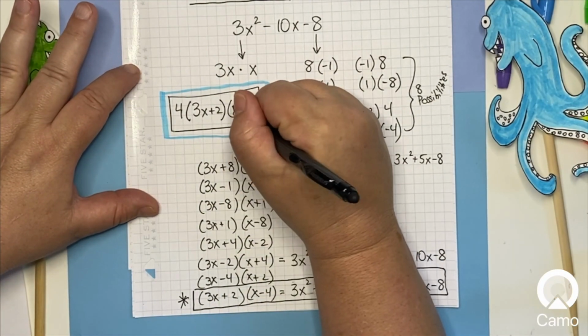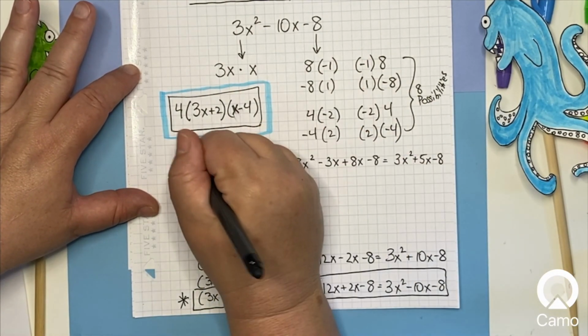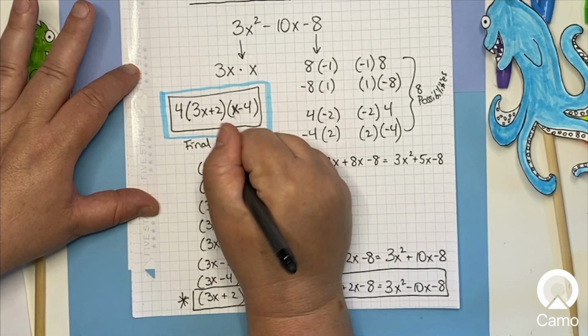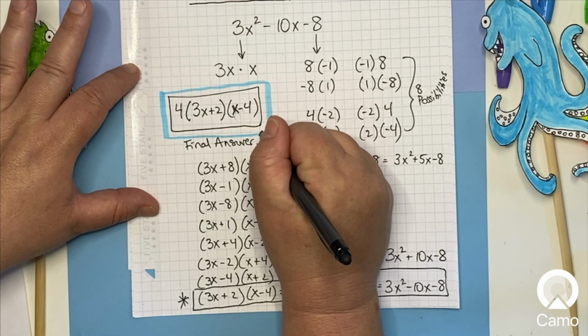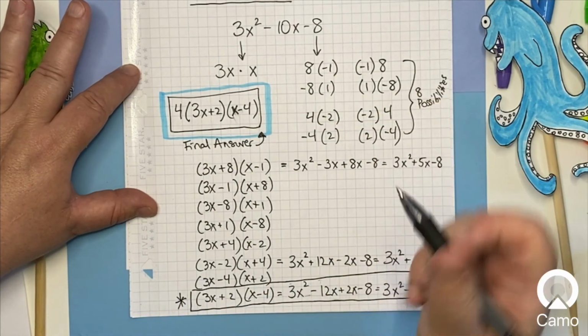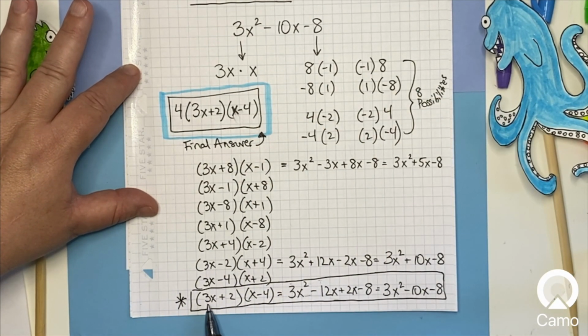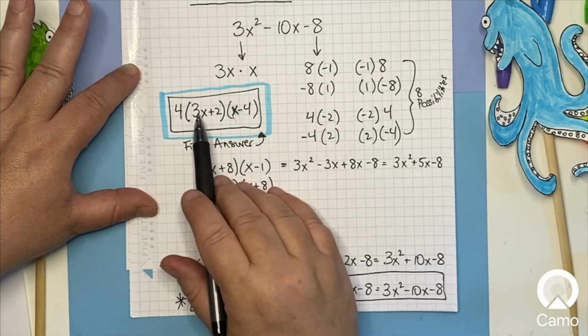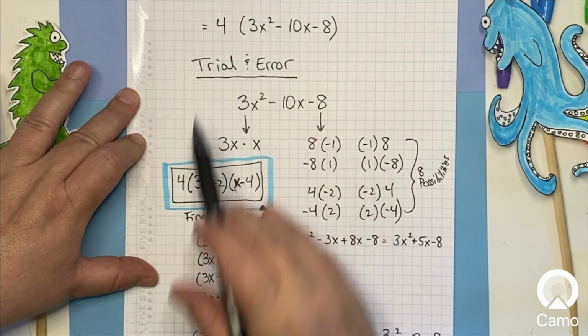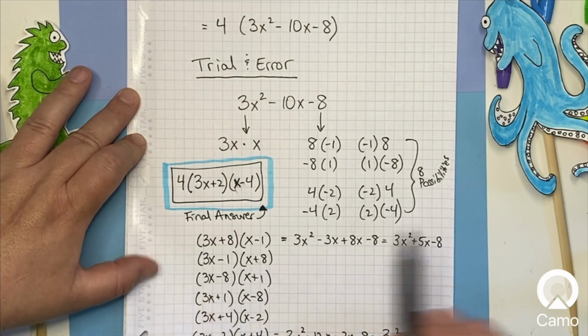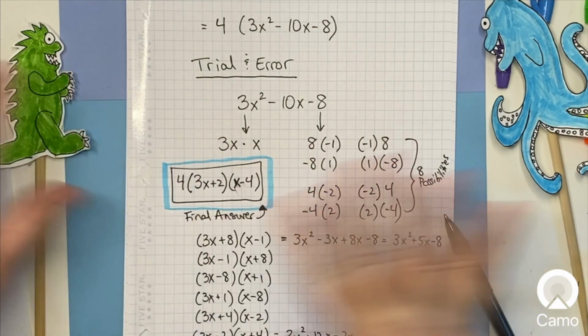Did not mean to go to Smeary Town with you. And I'm going to write final answer here. And so I've incorporated the 3x plus 2, x minus 4. That's right there. And I've remembered that I have that 4 that should sit in front of it. And life is good. Woohoo!